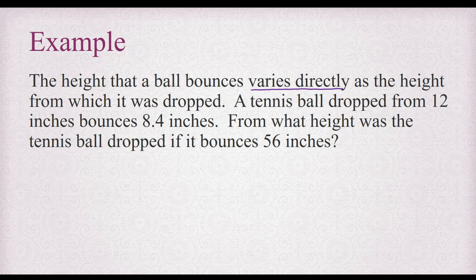It doesn't really matter, but notice that what comes before varies directly is the height that a ball bounces. So I think we're talking about bouncing, so I'm going to let that be represented as B. So B is going to equal K being multiplied. The second part says the height from which it was dropped. So we're talking about height, so I'm going to represent that as H.